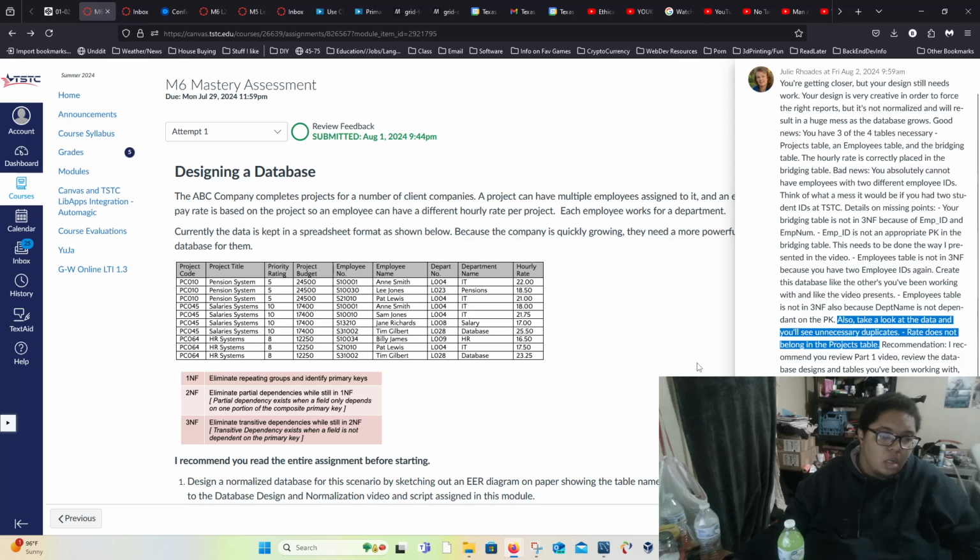Why does priority rating not belong in the projects table when it duplicates alongside project code and it's obviously congruent with project code? Why would you not put project priority rating with the projects table?